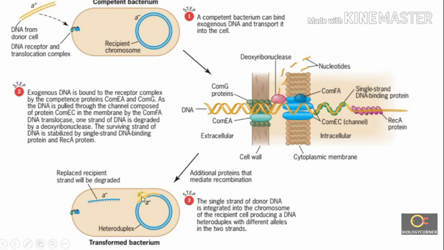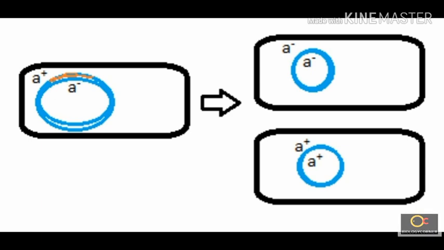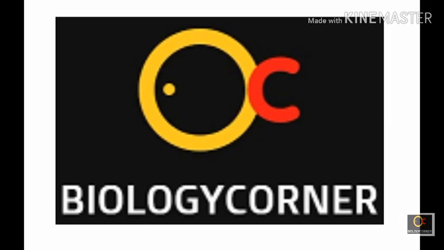The other cell will receive this outer strand in duplicated form containing the A positive gene. So here, through transformation, A minus bacteria have been transformed into A plus bacteria, and this characteristic is passed from one generation to the next generation. So this is the process of transformation. We will look at the other two processes, conjugation and transduction, in our next video. Thank you.